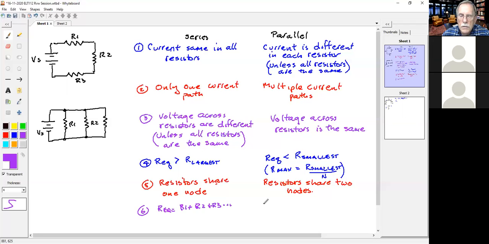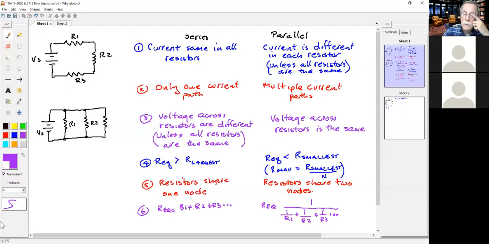And for a parallel circuit, the REQ is 1 over R1 plus 1 over R2 plus 1 over R3. And you do that for as many as you've got, and then you take the reciprocal of that whole thing.